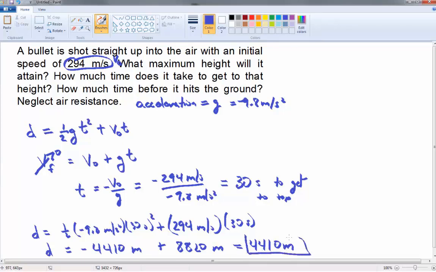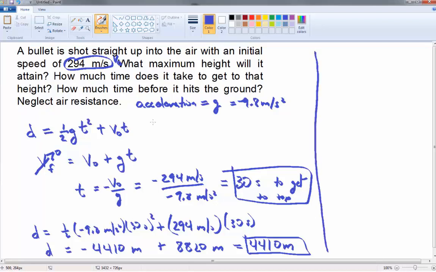So that leaves us with one question. How much time until this guy hits the ground? Well, it takes it 30 seconds to get to the top. It turns out it's going to take another 30 seconds to get to the bottom. But we can show that without having to just state, oh, it's going to take the same amount of time, because we have our equation here.